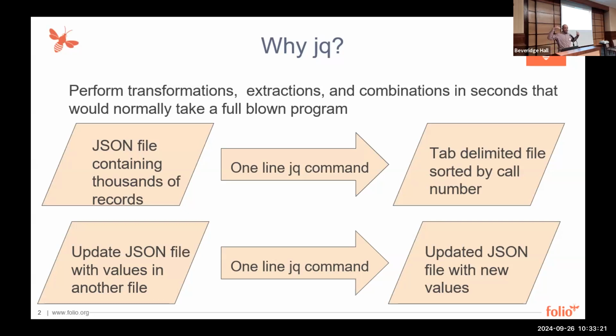The other thing is, for example, if you have some massive inventory dump of JSON, in a couple seconds, in just a few words, you can convert it to call number, title, whatever you want, sorted with different levels of records, suitable for Excel.